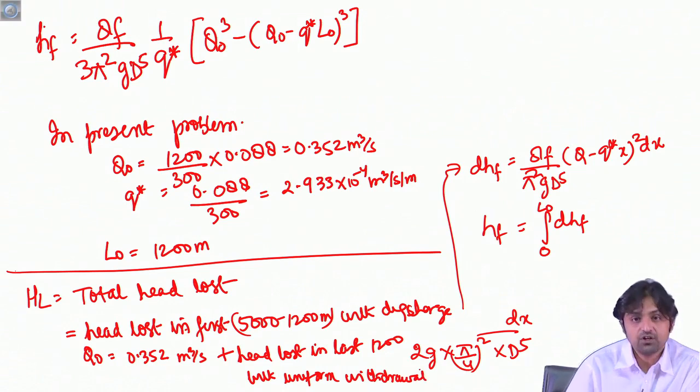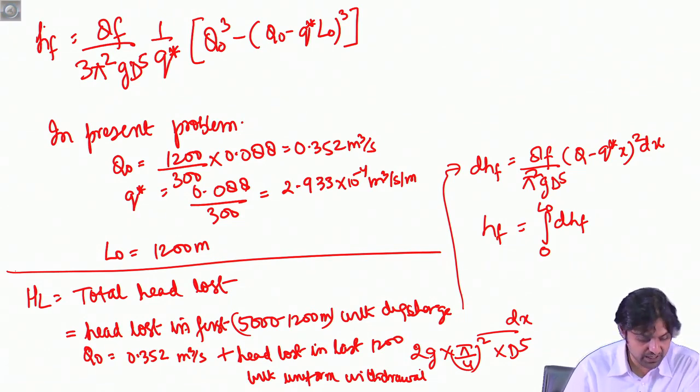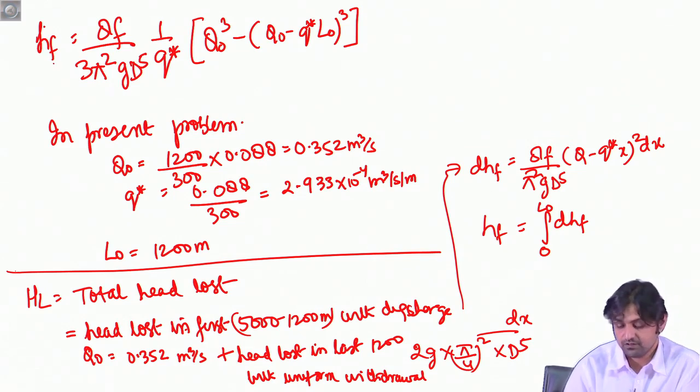So total head loss is going to be the head lost in the first 3800 meter with discharge Q naught, that is going to be the major head loss, right. And the second one was where we used the differential equation, and that is what we wrote as Hf2.